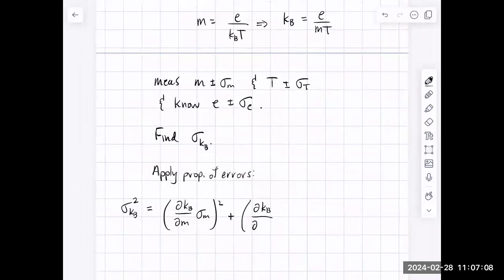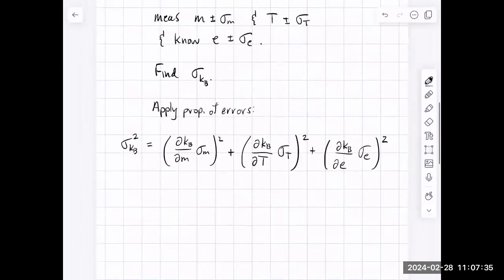And so we would have the derivative with respect to temperature times the uncertainty in the temperature squared. And then another possibility is that we have some uncertainty associated with the electron charge. So we have one final term that looks like this. And so that's all we have to do. Now it's just a matter of evaluating those derivatives.